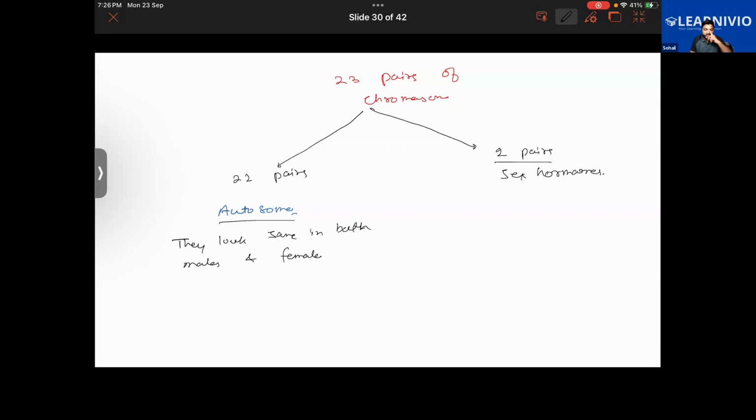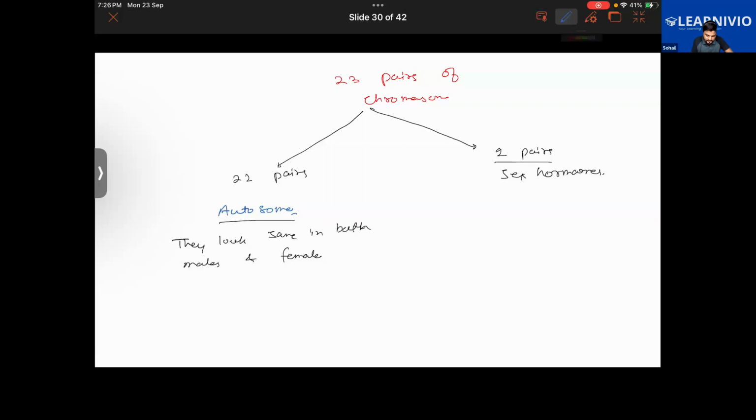This one pair will differ between the male and female. Females will have exactly two copies of the same chromosome here. The chromosomes we are going to study here are called X and Y chromosomes.